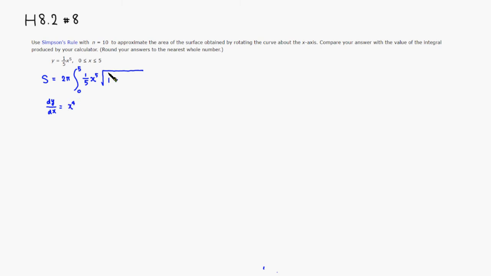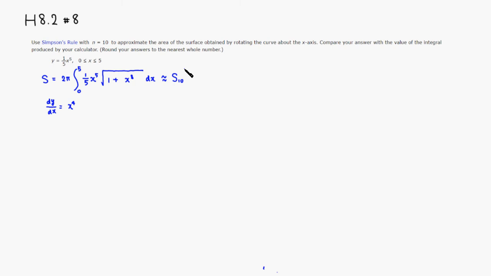Square that, you have x to the 8th power, then you have dx. Then we want to approximate this integral value using Simpson's rule with n equals 10.